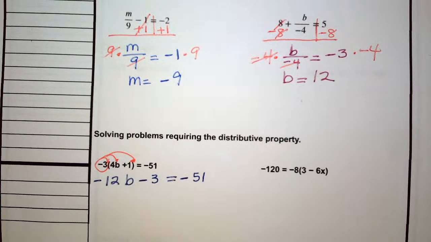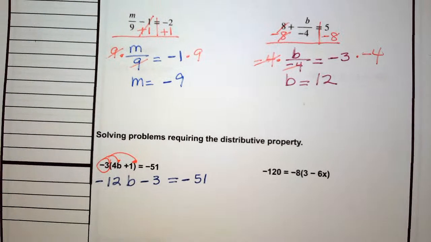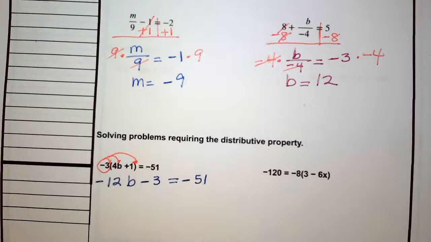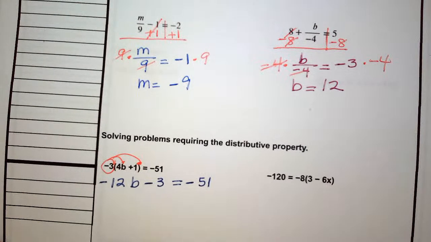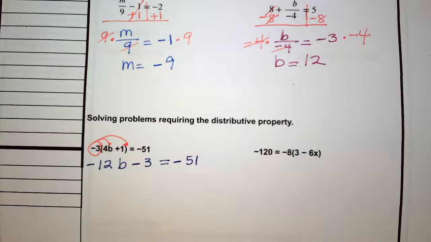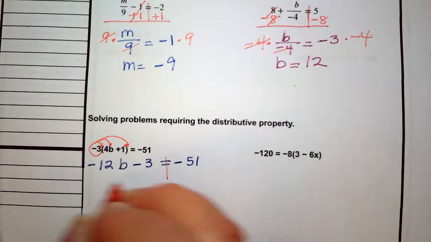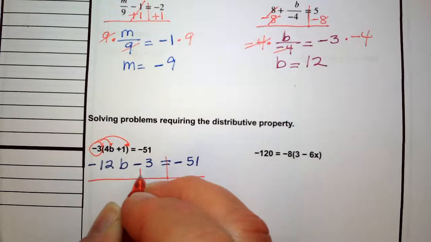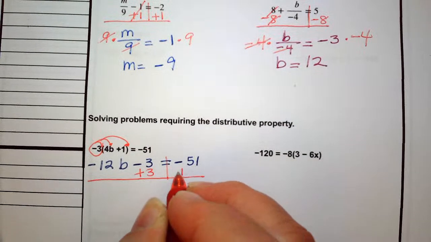Okay, next. Just like we did before with the two-step equations, negative 12 times b minus 3 equals negative 51. The last thing I did was to subtract 3. So I need to add 3 to undo that.